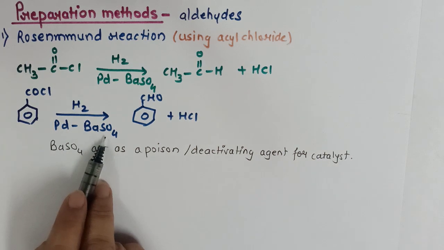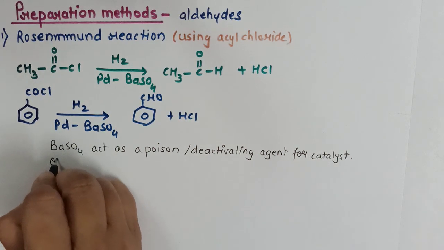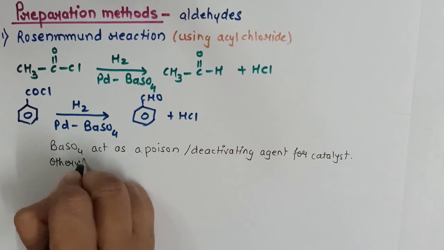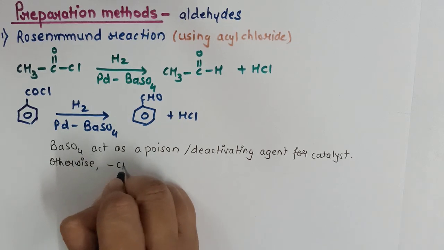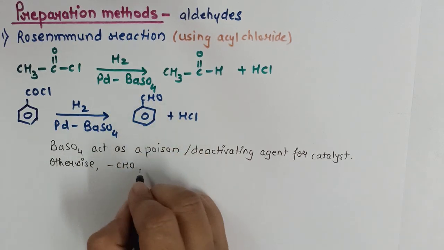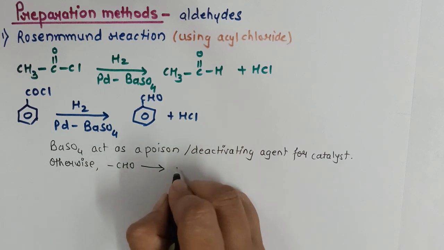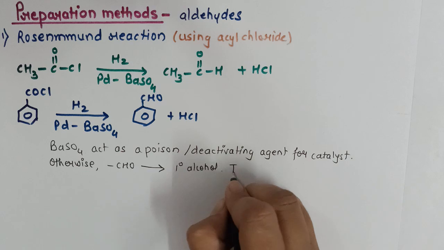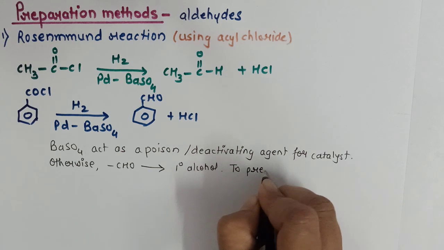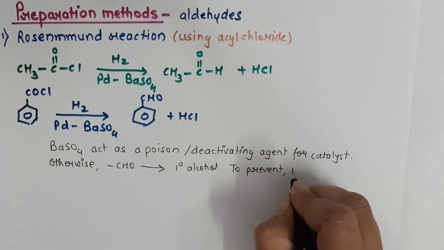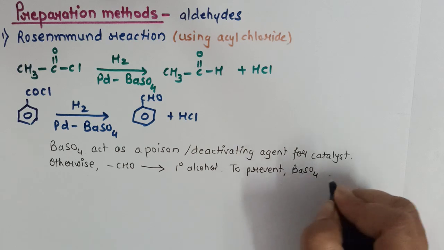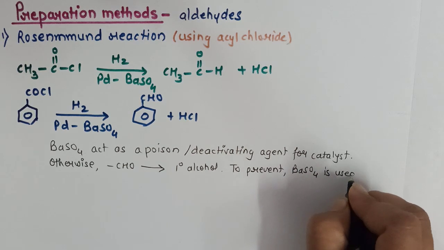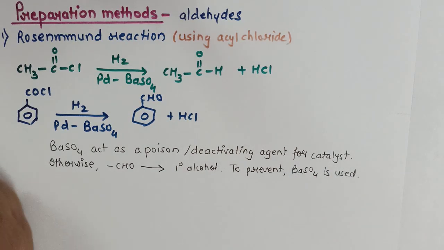If barium sulfate is not used, otherwise this aldehydic group formed will be converted to a 1 degree alcohol. And to prevent this, barium sulfate is used. So this is one thing that you have to remember about this reaction.